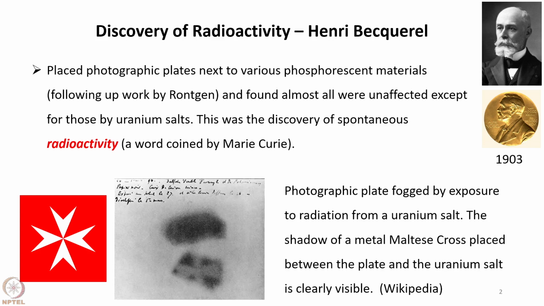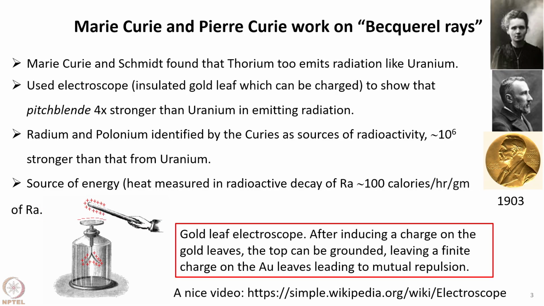Their shadow is seen here, and so if you insert that Maltese cross between the plate and the uranium salt, this is visible. Of course, it is barely visible. It is not such a great photograph, but anyway, it was the first evidence that there was some radiation which was being emitted by naturally occurring salts. And so this, as I said, led to the discovery of radioactivity.